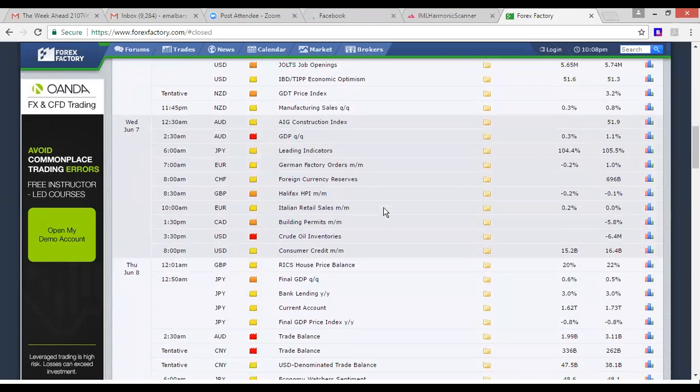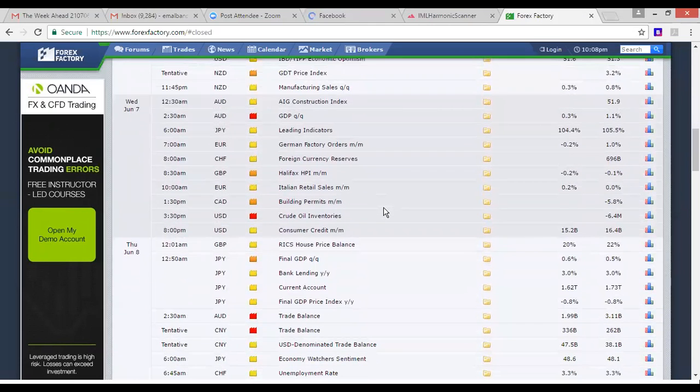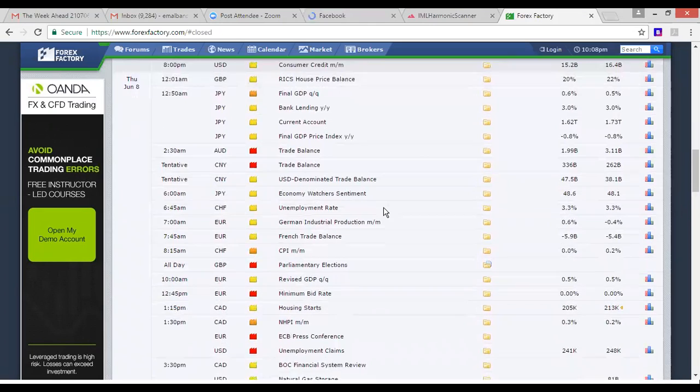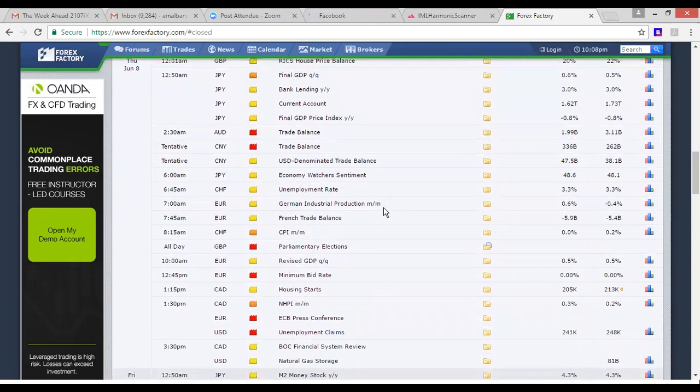Australia again 2:30 a.m. on Wednesday, GDP, and crude oil inventories 3 p.m. Thursday we have trade balance, Australia, China trade balance, all day. Parliamentary elections. This is the biggest event for the week, elections in UK. And Euro, minimum bid rate.